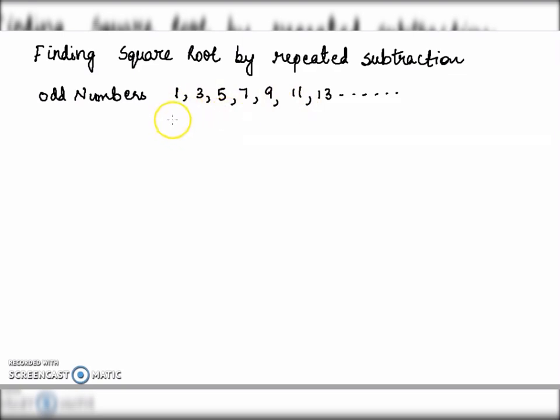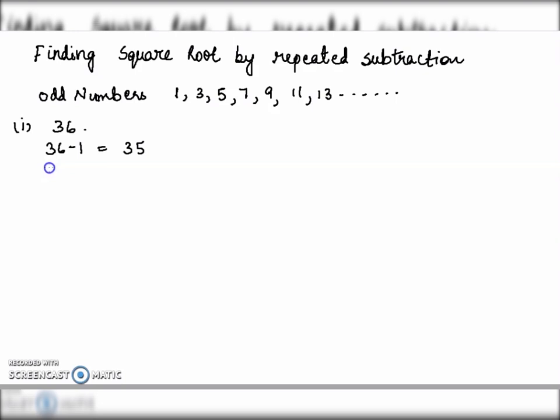So suppose you are given the number, let's say we'll take a number 36. You will start from 36. In the first step, you will subtract 36 minus 1. So you will get 35.